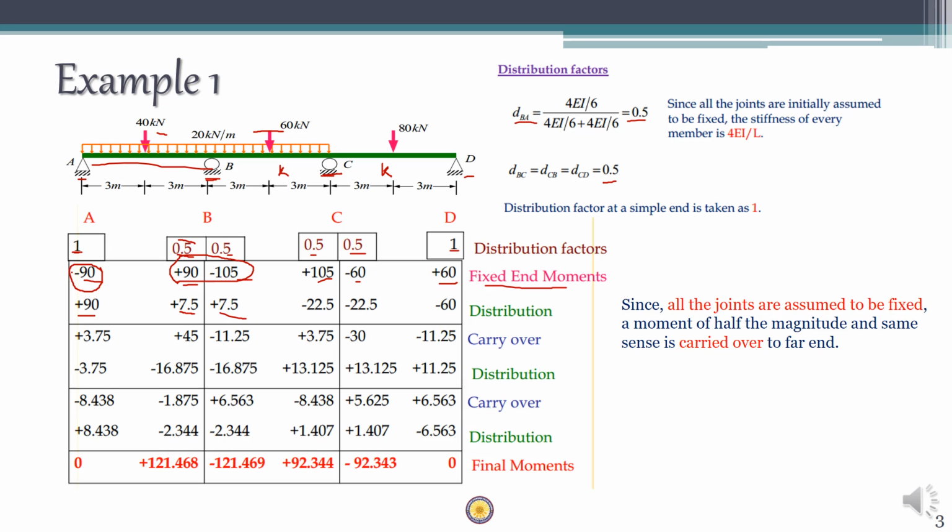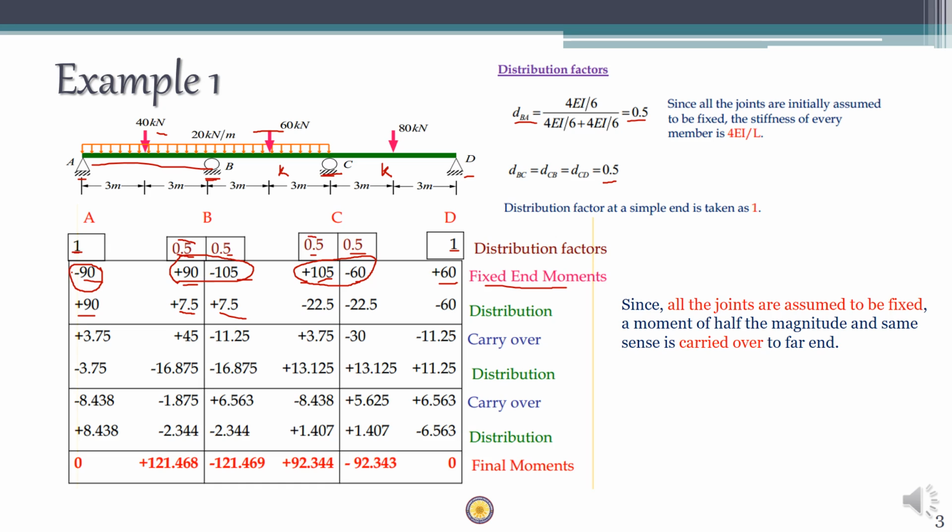Next up, take the joint C. So 105 minus 60, which is plus 45. So there is an unbalanced moment of plus 45. In order to balance that, we have to apply a minus 45 moment at this point C, which is to be distributed equally according to the distribution factor 0.5 and 0.5.